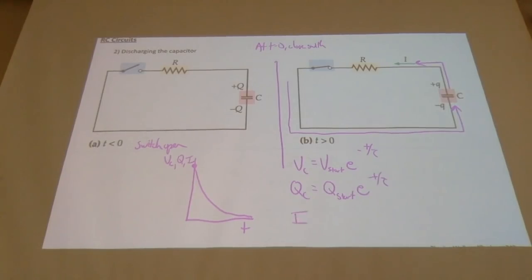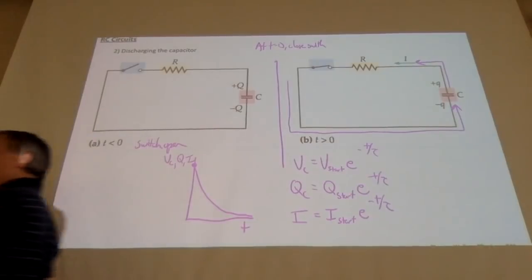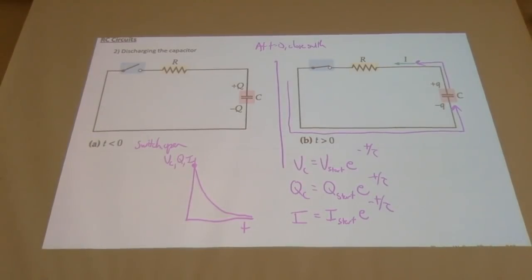And the current is going to be whatever you started with times e to the minus t over tau. So in this particular case, everything is a decreasing exponential because if you give it enough time, all the charge runs out and the current just dies. The circuit dies, all is dead, everything is lost.